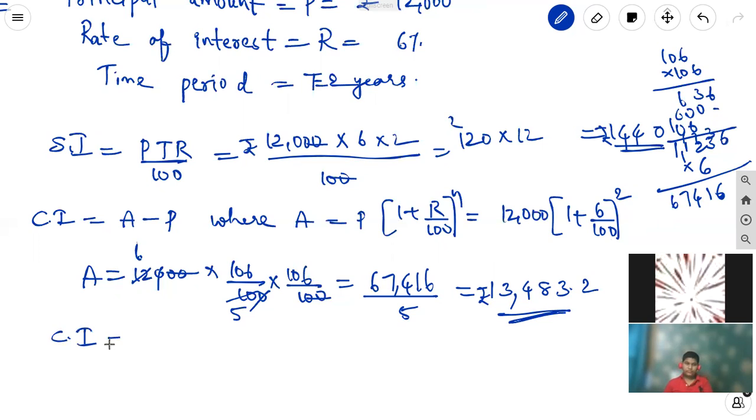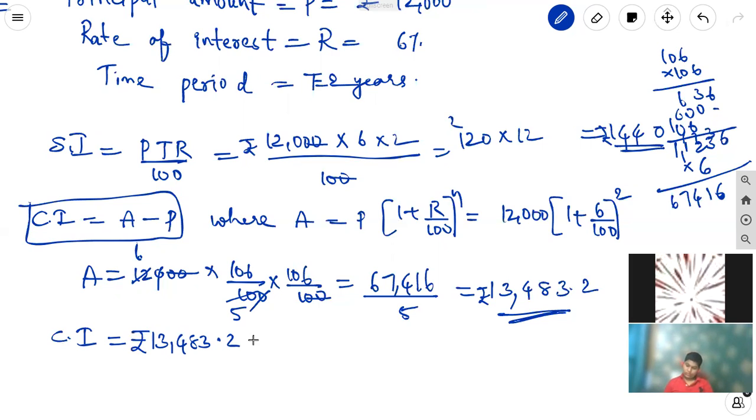The compound interest is equal to amount minus principal. Compounded amount 13,483.2 rupees minus 12,000 rupees, we are getting 1,483.2 rupees.